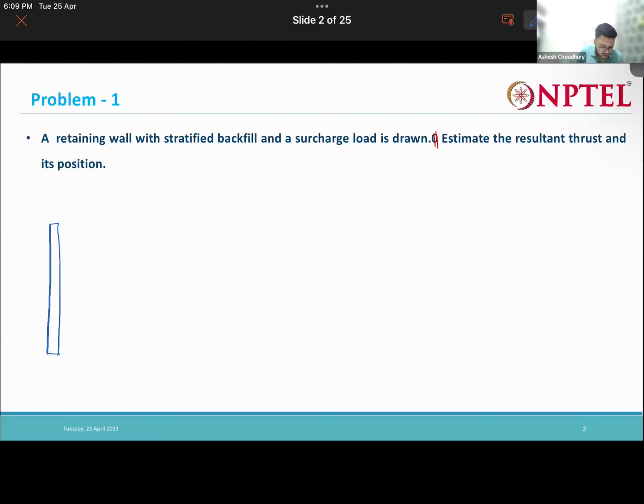Say this is my retaining wall. We have the layers here, and at the top we have the surcharge load which is acting.